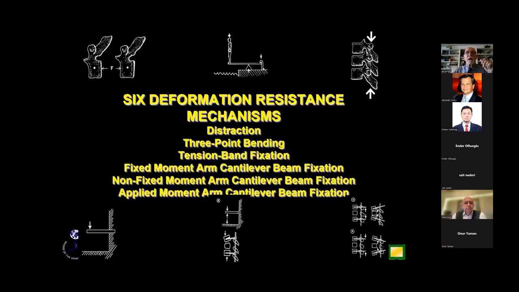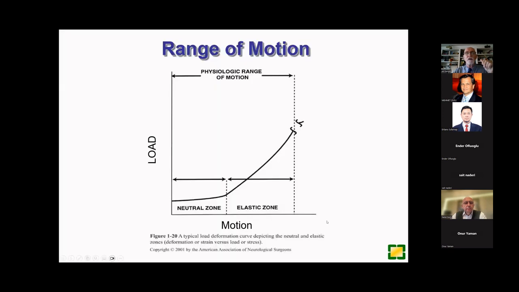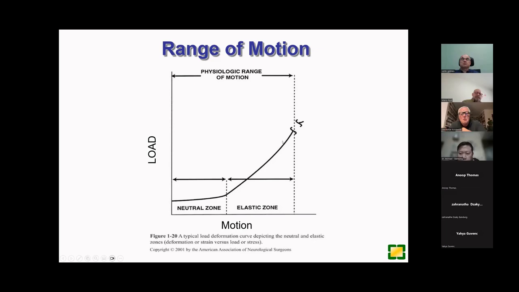We can distract the spine, we can apply three-point bending, we can apply compression, and we can utilize a variety of cantilever beams to restore function. We should be aware of the stress-strain curve, in which there's a neutral zone with very little load causing significant displacement, and then the elastic zone, in which there is increasing amounts of load applied, causing greater motion.